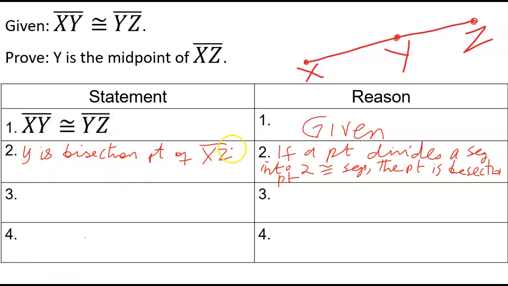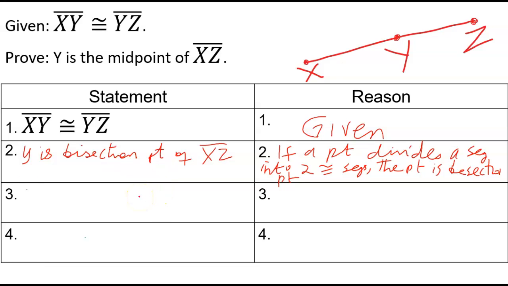So again, the first part, if blank, then blank. If the 2 segments are congruent, then the point that divides them is the bisection point.